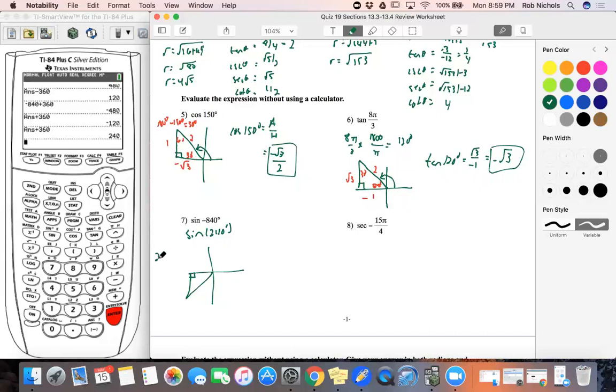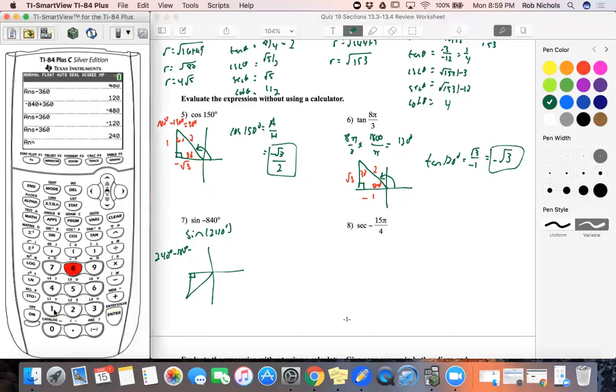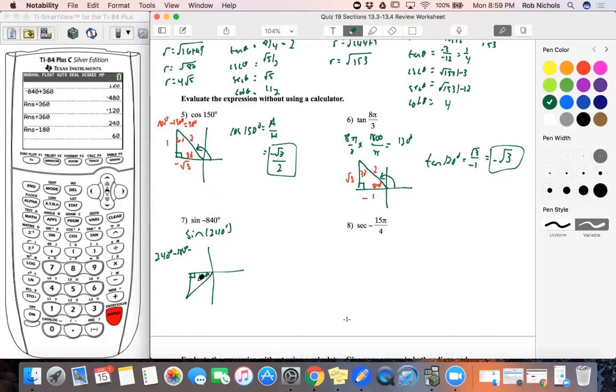It's theta, 240 degrees minus 180 degrees, and that is going to give us our reference angle of 60 degrees. So here is how I got 60 degrees, and here's 30. Opposite to 30 is 1, opposite to 60 is the square root of 3, and then 2, negative and negative. So the sine of 240 degrees is equal to opposite, negative square root of 3, over hypotenuse of 2.